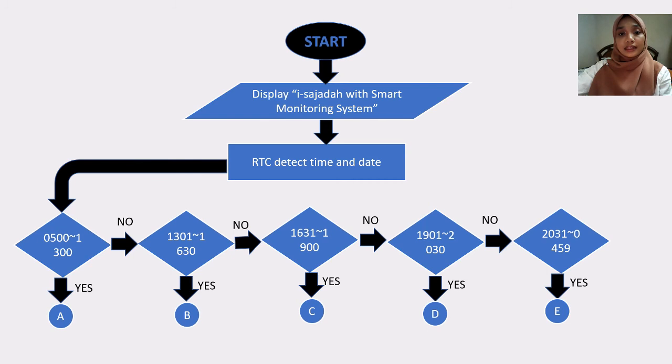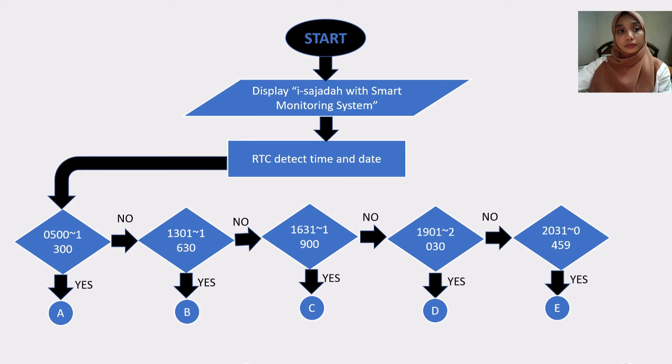This is the starting display part after the Wi-Fi has been connected to the Blynk application on the smartphone. Next, RTC detects time and date. The RTC module will detect the time, which consists of a 24-hour wall clock. Then the push button one needs to be pressed in order to make the solah appear, either Subuh, Zuhur, Asar, Maghrib, or Isha, according to that time.